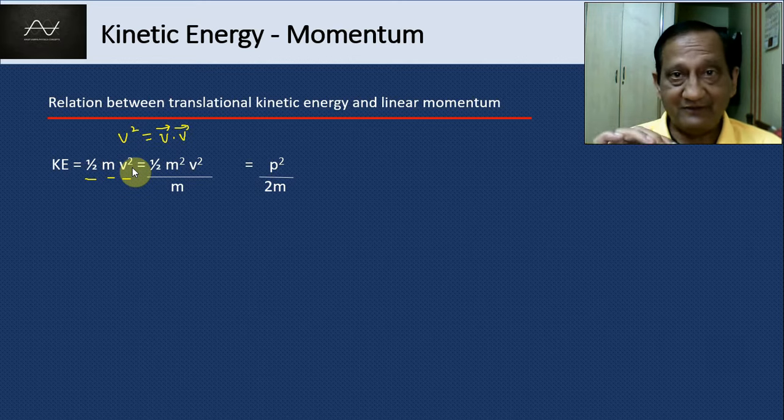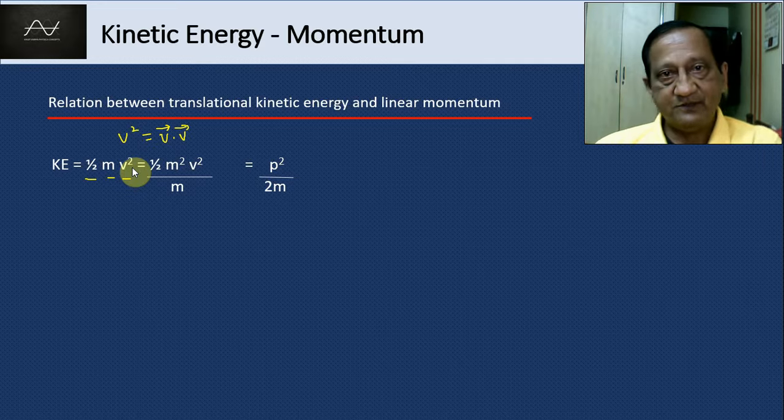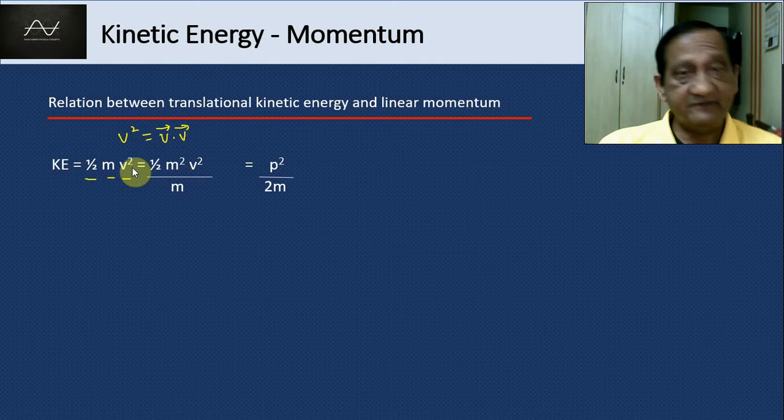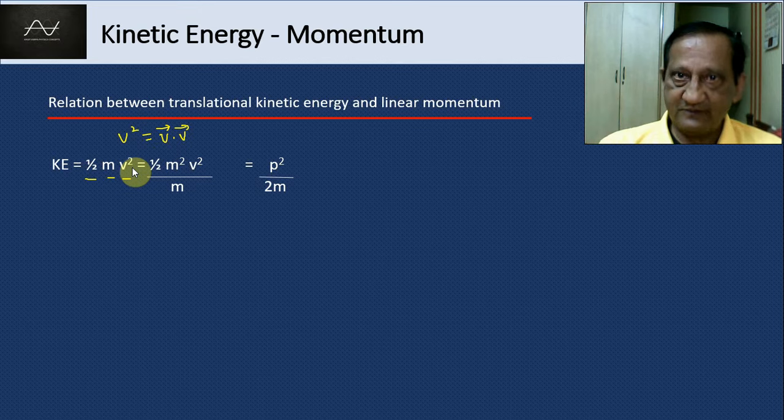Hence, it doesn't matter whether the body is going this way or that way. Kinetic energy doesn't care about the direction of the velocity. It only cares about the speed. So it is not that this way it is positive kinetic energy, this way it is negative kinetic energy. It is always positive, or it may be zero, but never negative.